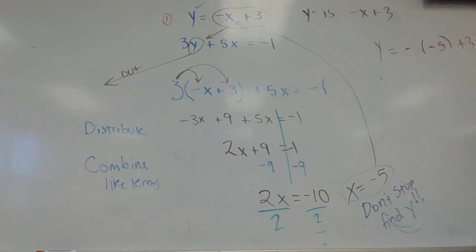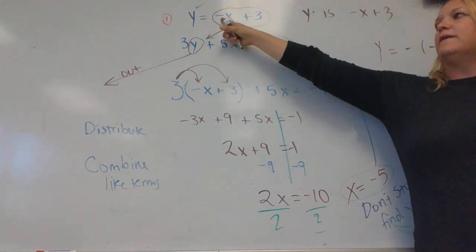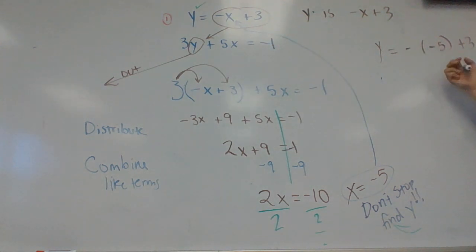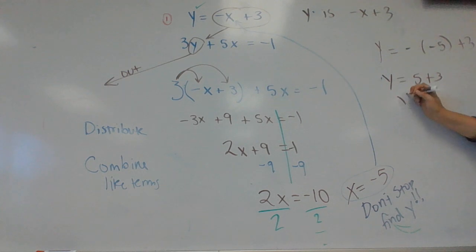So be really careful when you plug in next to a negative sign. That can be a real source of error. Look, I put the negative right next to it. 2 negatives become a positive. 5 plus 3 is 8. And your ordered pair is negative 5, 8.